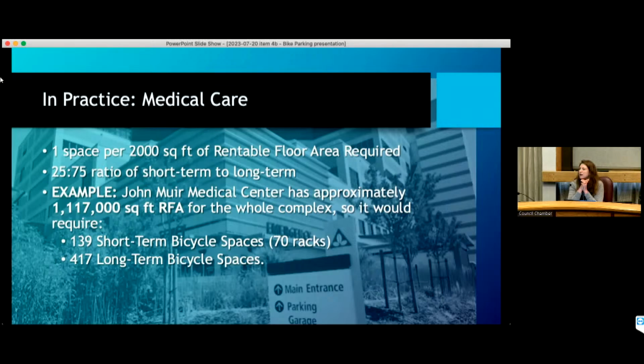But I think we brought this item to you because we wanted to get a good feel for the direction that we were going in terms of how we deal with these bike parking spaces, because we had a lot of back and forth on the staff level about context sensitivity, what part of town it's in, is it adjacent to a trail or is it in the downtown, and how do we deal with that?